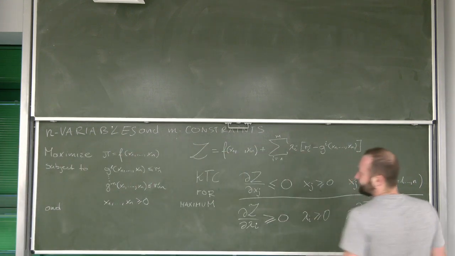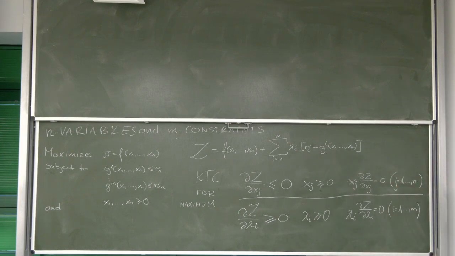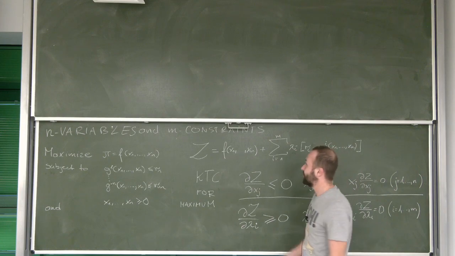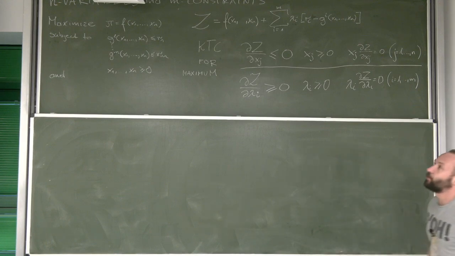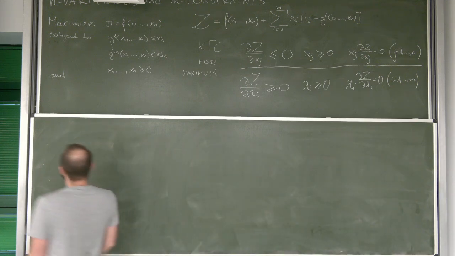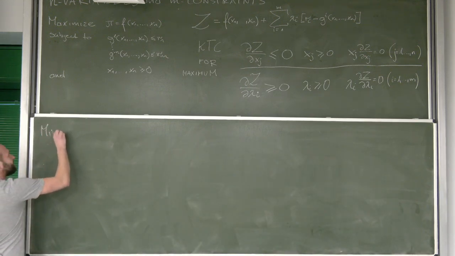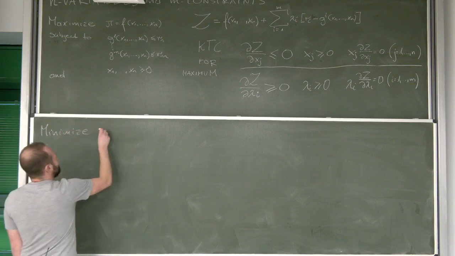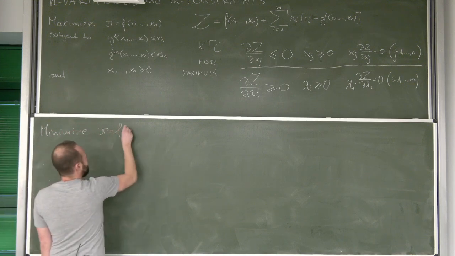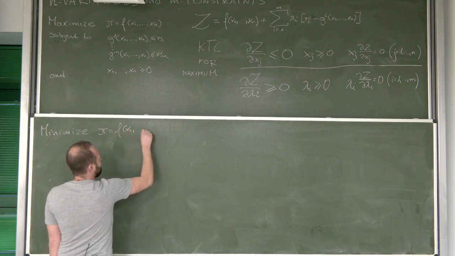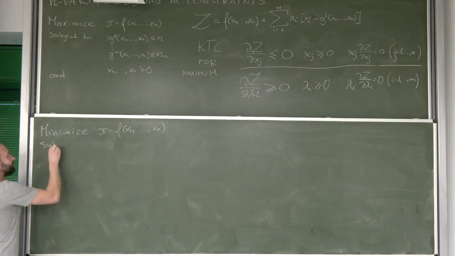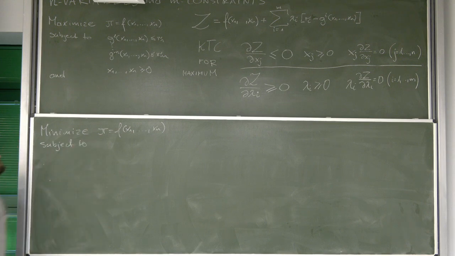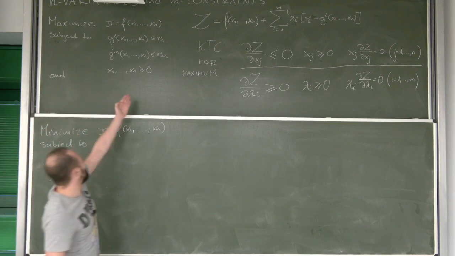But what about minimization? For now, all we were doing was maximization. So how do things need to change in order for us to be able to minimize the function? Okay, so then the problem would be stated like: minimize the function of x1 until xn, and of course subject to a set of constraints.